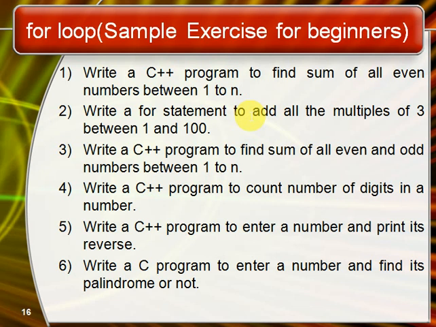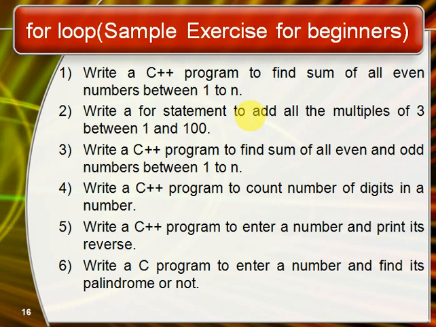You add all numbers that are multiples of 3 by using a for loop. The third program is write a C++ program to find the sum of all even and odd numbers between 1 and n. That means you have to separately sum up all even numbers and all odd numbers.